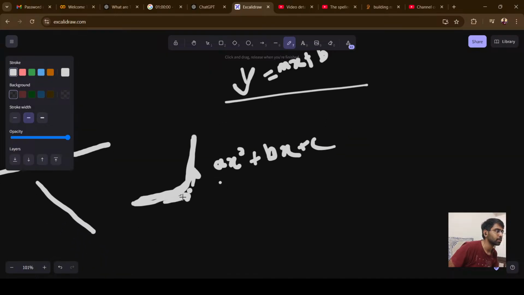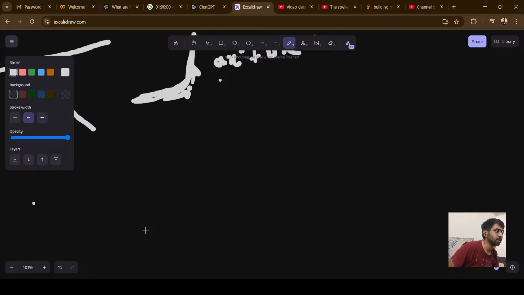Now there is another term called this. This is 1, this is 2, this is 3. Again, there are 3 turns here. You can also count them as peaks and valleys. The total number of peaks and valleys is equal to turns. So this is one peak, this is a second peak, and this is a valley.